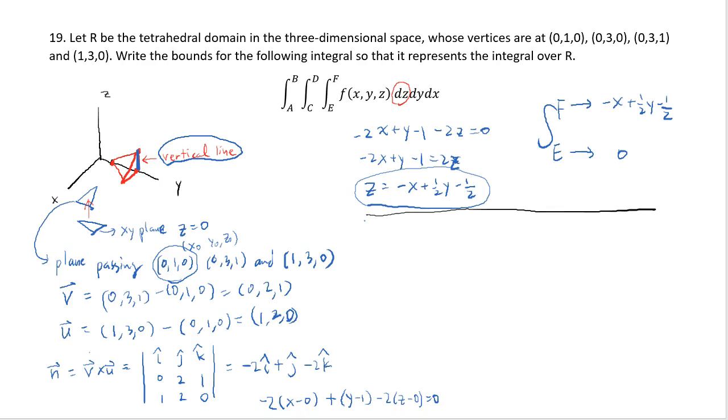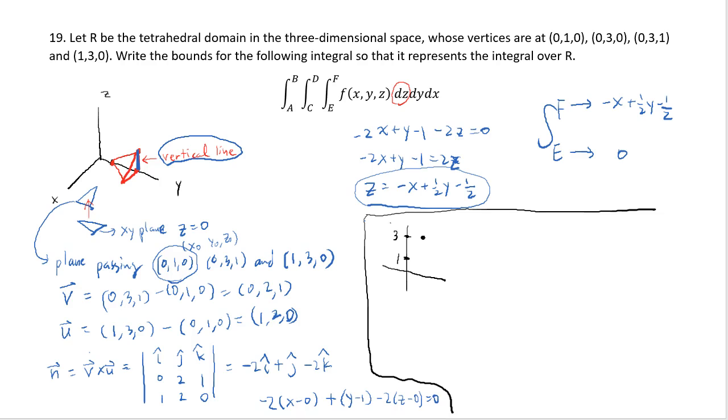Now for the other parts, it's easy, because once you integrate over z, it has the effect of just flattening down everything onto the xy plane. So on the xy plane, this is what we see. This 0, 1, 0 is now just 0, 1. 0, 3, 0 is 0, 3. And 1, 3, 0 is 1, 3.